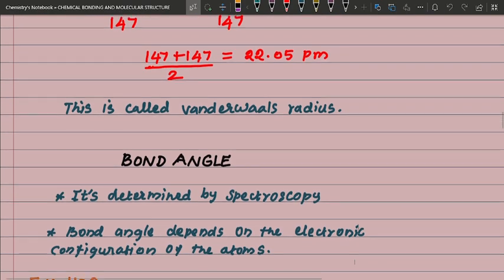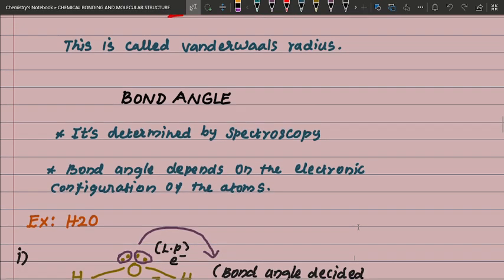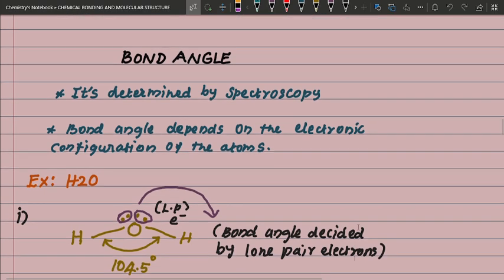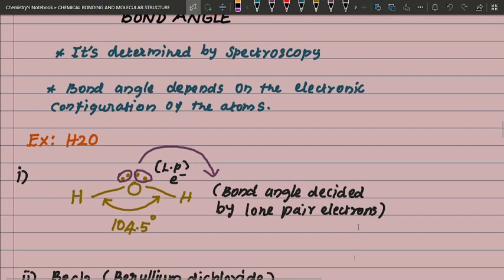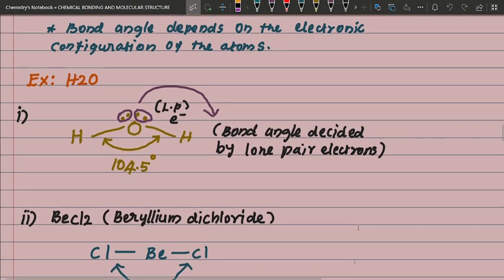Next, bond angle. It is determined by spectroscopy instruments. Bond angle depends on the electronic configuration of the atom. See the example of water.